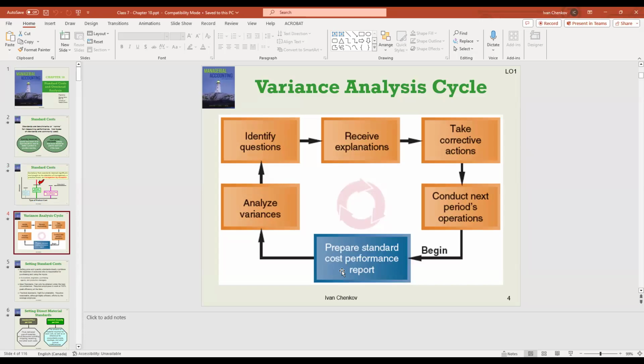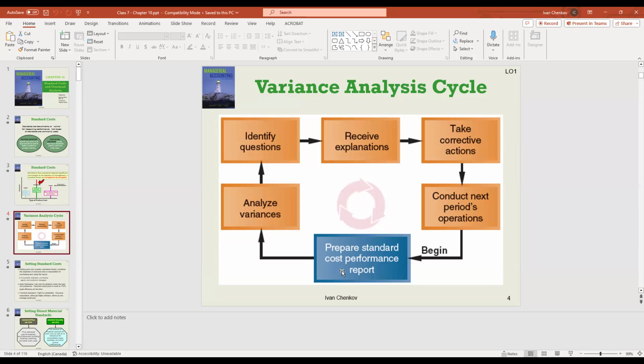Once you see the variance, don't automatically assume that you understand the variance and know what caused it. You still have to do your diligence to go through questions first, wait for the responses, and after that take the corrective action. Once you take the corrective action, you're going to wait for the next period to happen.